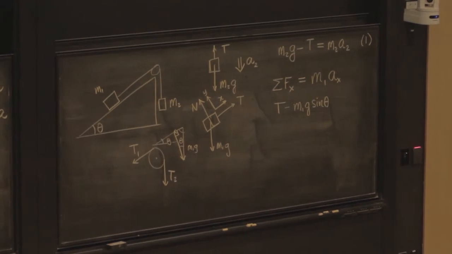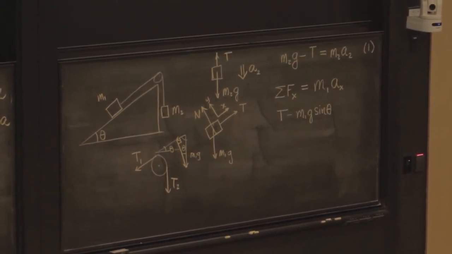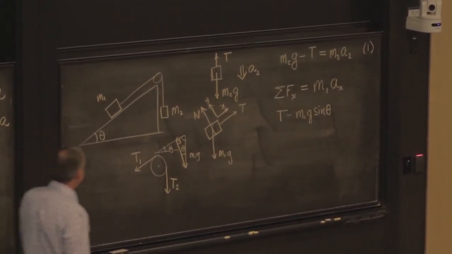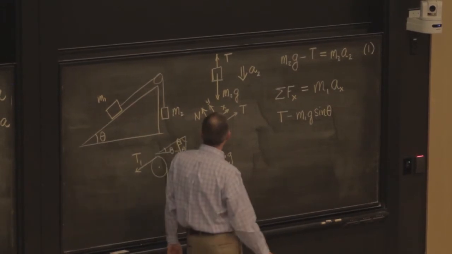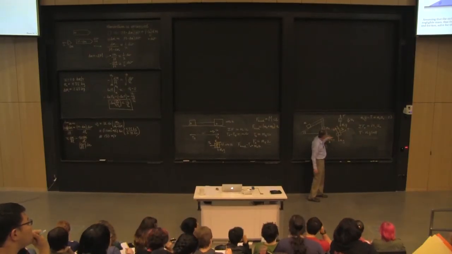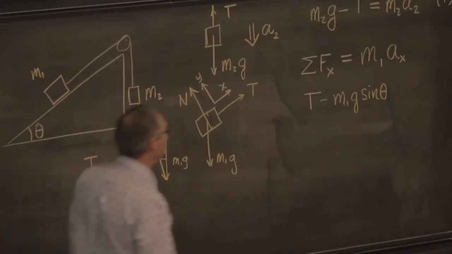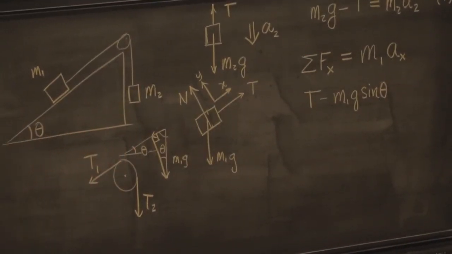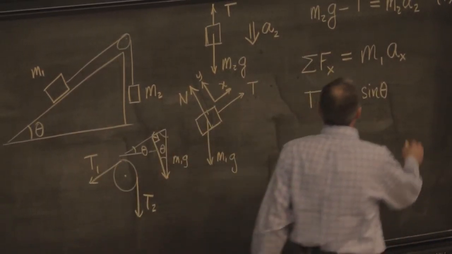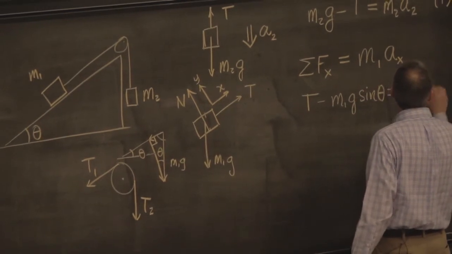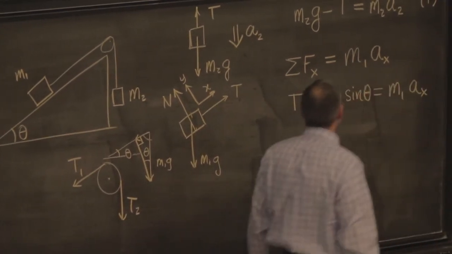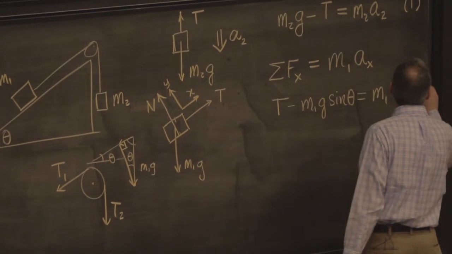Is that correct? Yeah, it's frictionless. Because gravity is straight down, and I'm analyzing along that horizontal direction, and those are perpendicular. So I think I should be happy with sine, because sine of 0 is 0. Okay? Equals m1 ax. So there's another equation.